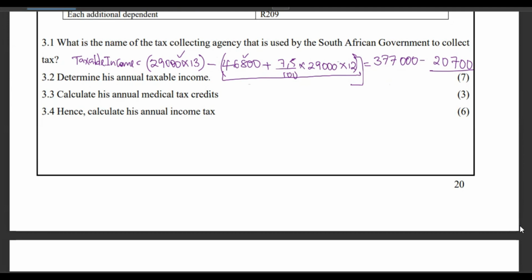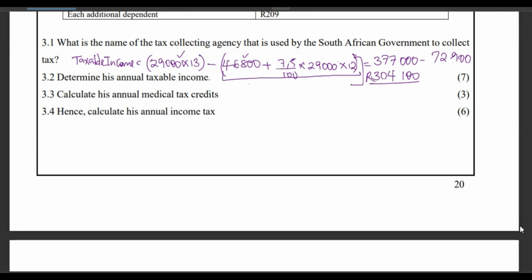You have 72,900. Subtract it from 377,000, and you get the answer as 304,100 rands. This is what you have.